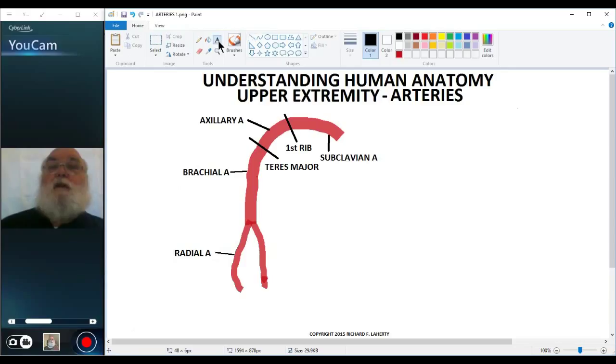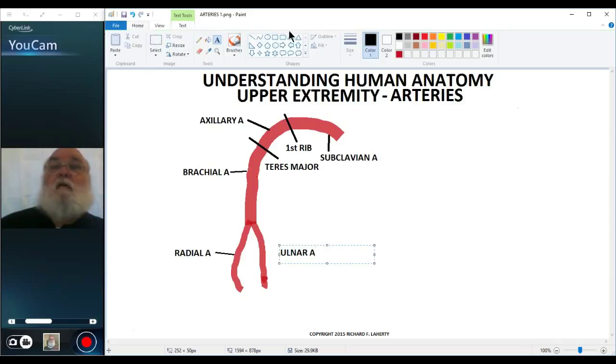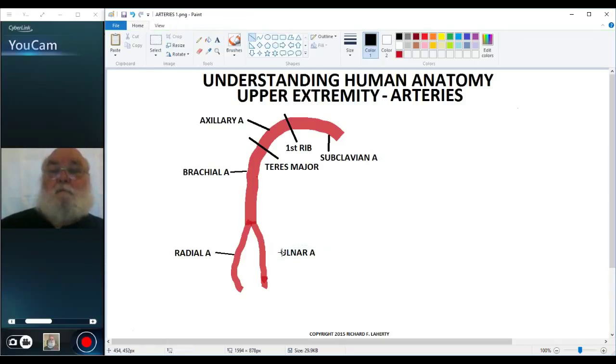And the medial artery is the ulnar artery. And we'll get the line into there.